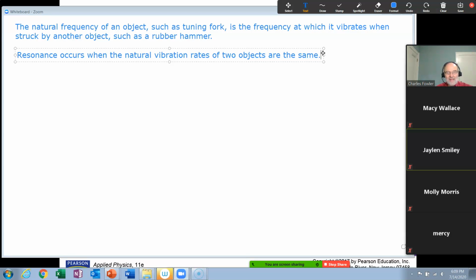He strikes the tuning fork with the rubber hammer, and it makes a certain sound, and then he adjusts the tension in the piano string that's supposed to be the middle C frequency, and the moment it starts vibrating on its own at the same frequency as the tuning fork, you know you've hit it on the nose. You do the same thing. Are any of you guitar players? Let me just ask that. Yes or no?